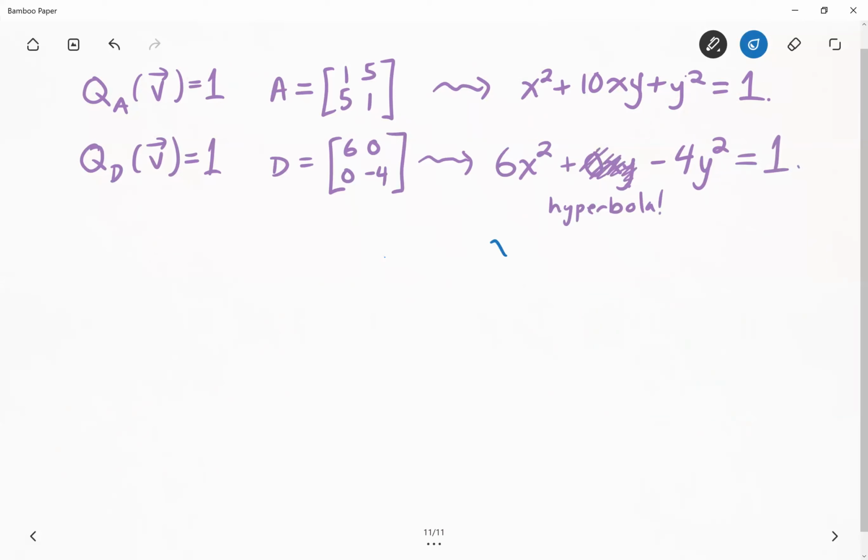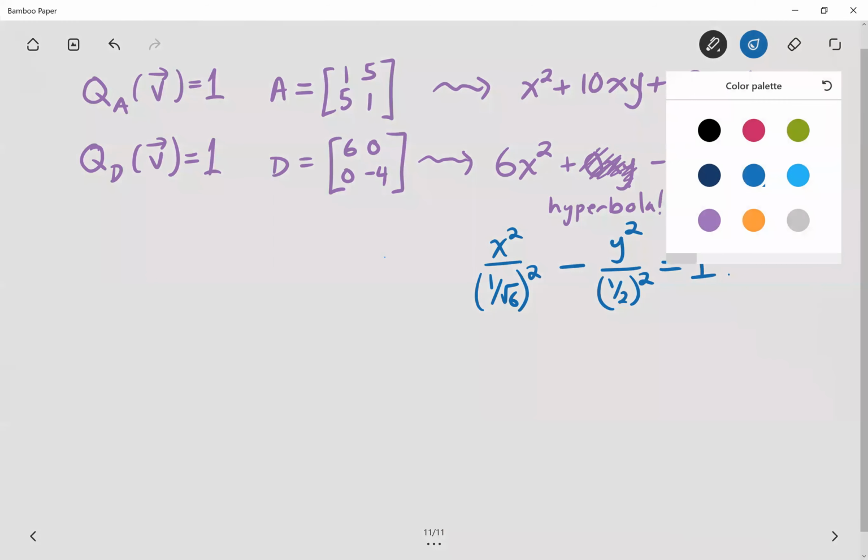I would prefer to rewrite it in the form x squared divided by 1 over radical 6 quantity squared, minus y squared divided by 1 over radical 4, that's 1/2, squared is equal to 1. Now this we can graph without too much trouble.